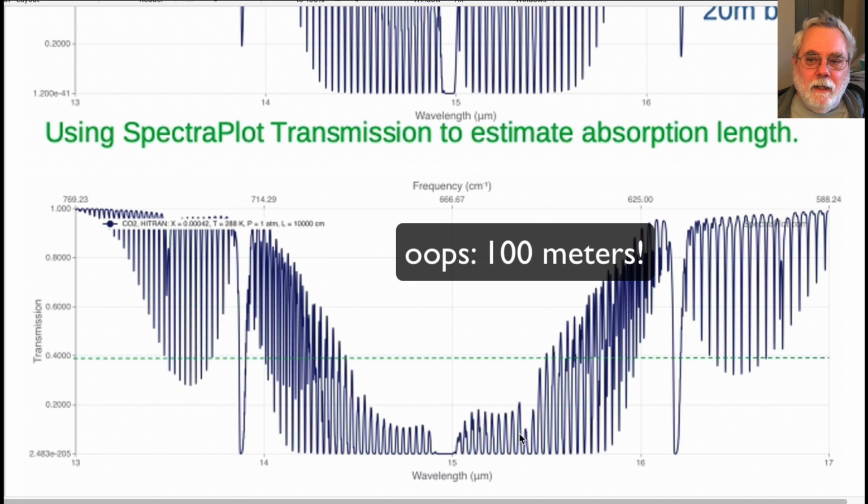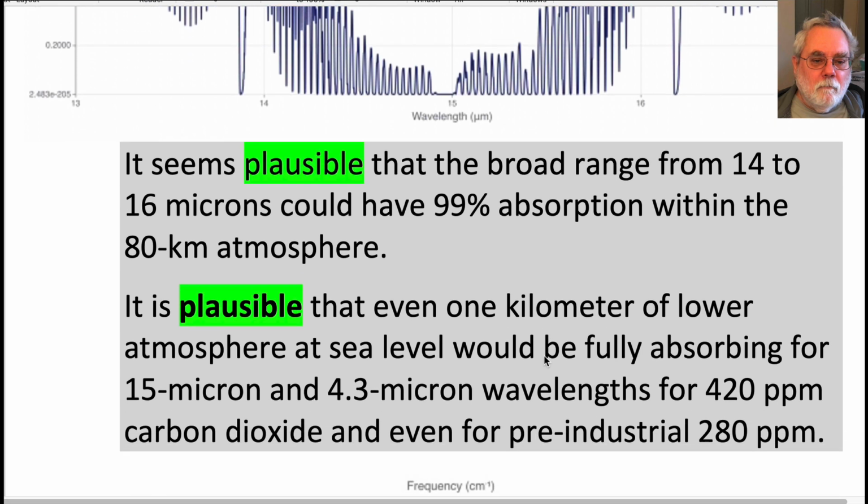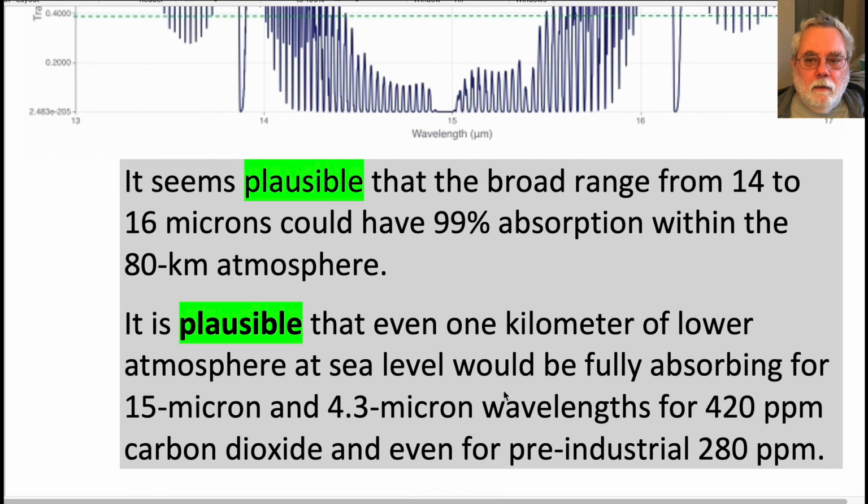A wide band has absorption length less than 100 meters at the bottom of the atmosphere. It seems plausible that the broad range from 14 to 16 microns could have 99% absorption within the 80-kilometer atmosphere.